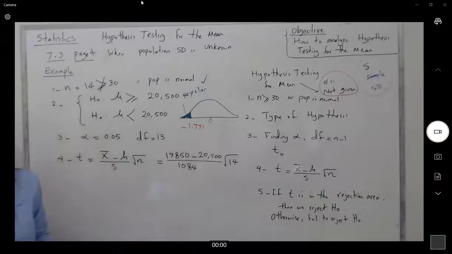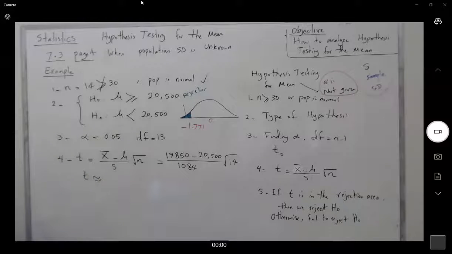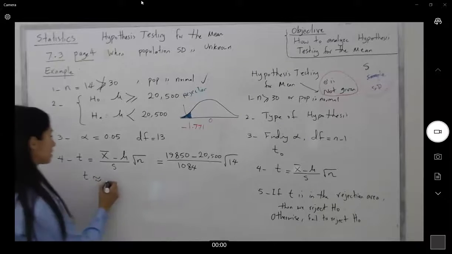Please use your calculator. Give me the value for your standardized test statistic. You get an approximation. What do we have? Negative 2.44. Okay. Perfect. Approximately negative 2.44.